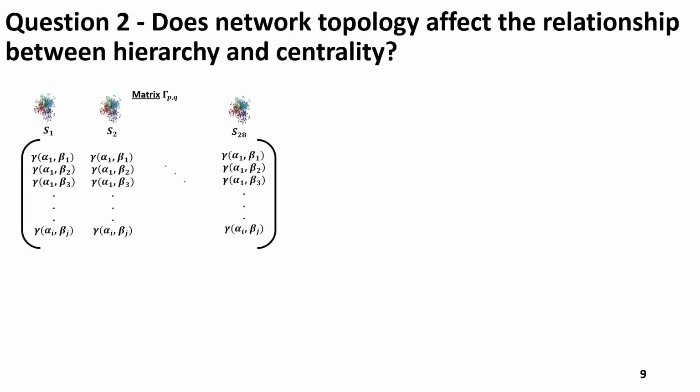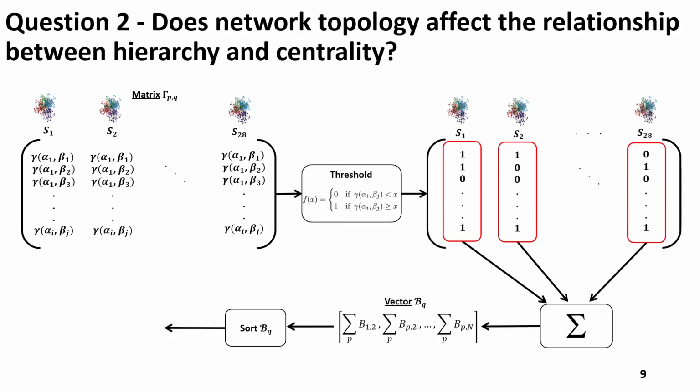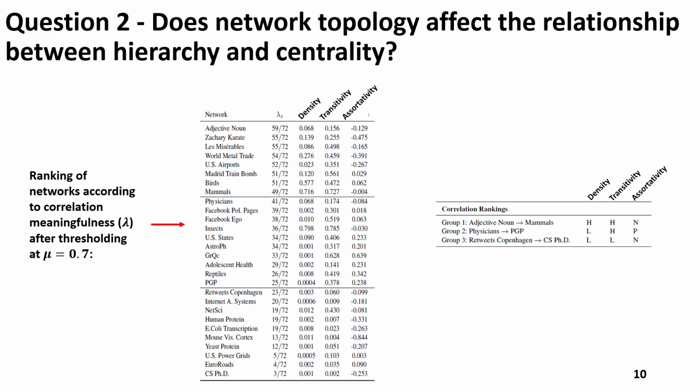This takes us to the second experiment to see if network topology has a play in this variability that we see. So accordingly, we take each network, the correlation and similarity values, and we threshold them on a 0.7 value, and for each network we now have a binarized feature where we sum the features of the binarized network, and we rank the networks accordingly.